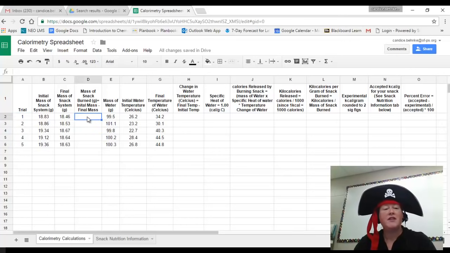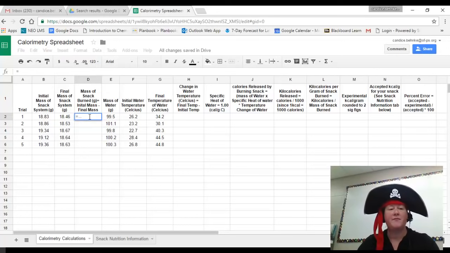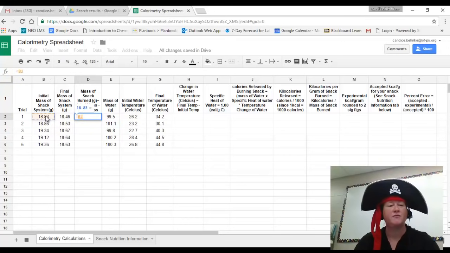So when we're using a calculation, if you click in the box, anytime you want to do a calculation, you type in equals. So that means this is the start of a calculation. Now I want to take the initial mass minus the final mass. So the initial mass for the first measurement here for trial 1 is in cell B2.